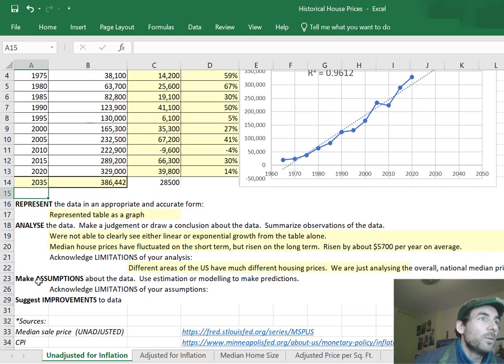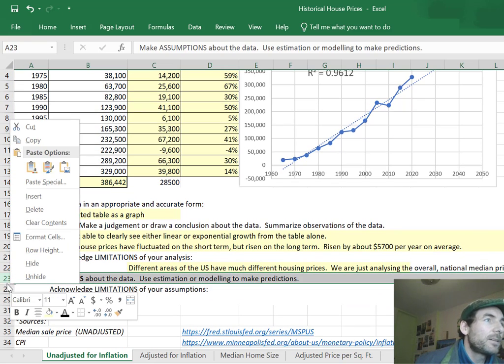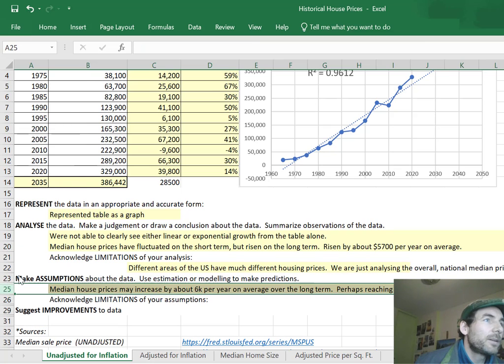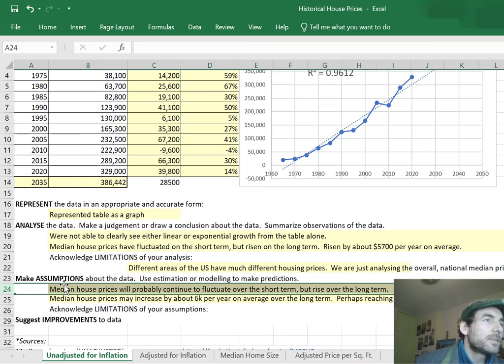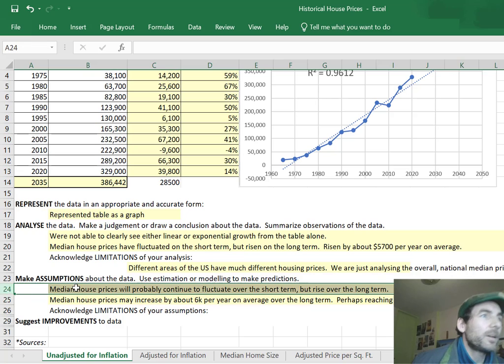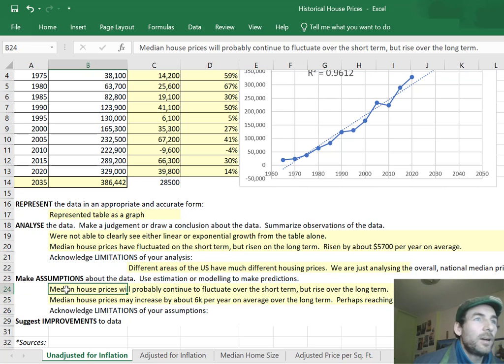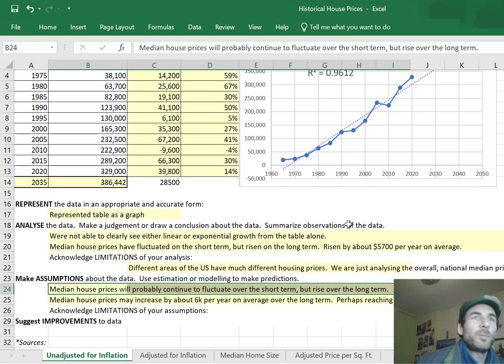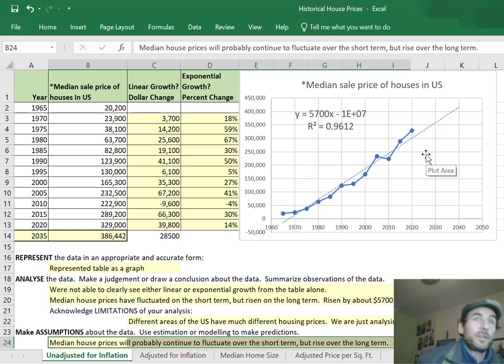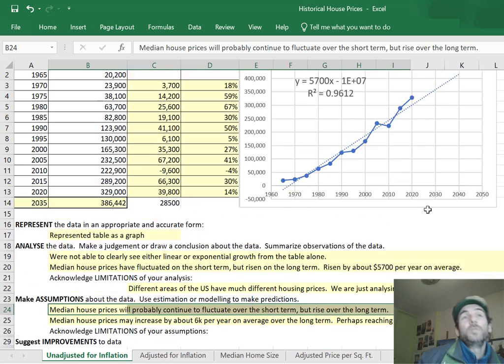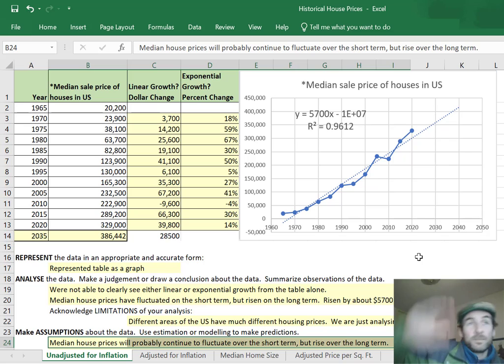Okay, so I'm going to hit unhide here. Let's see. So we have row 24 and 25. So basically, this is what we've been talking about. Median house prices probably continuing to do in the future what they've always done, which is usually rise, but rise sometimes a little bit, sometimes a lot.